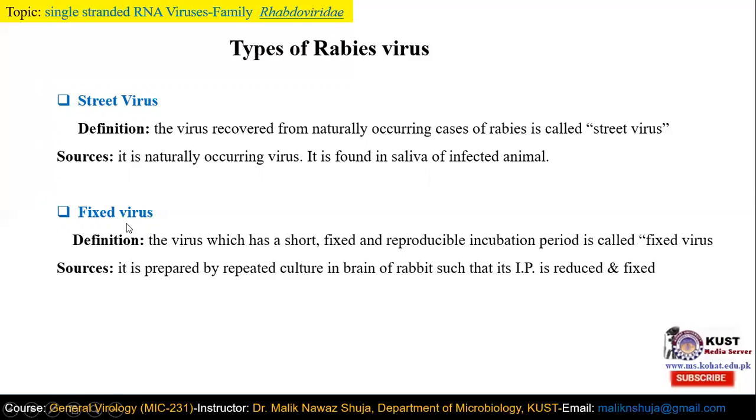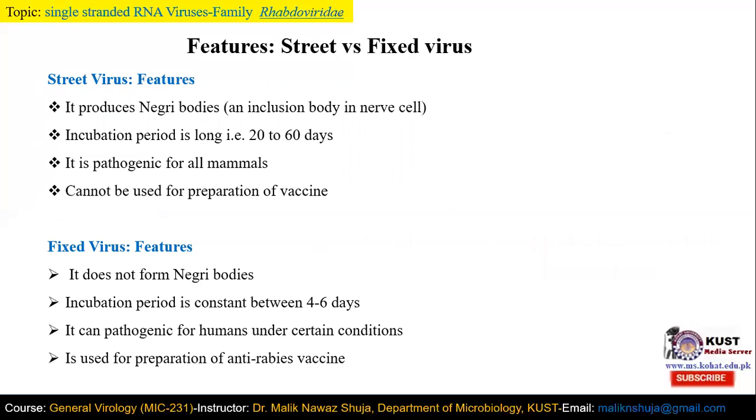It is prepared by repeated culture in the brains of rabbits, such that its pathogenicity or virulence is reduced and fixed. So we know about its propagation. These are the basic features of street virus and fixed virus.